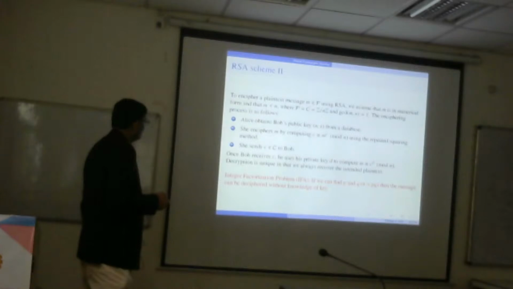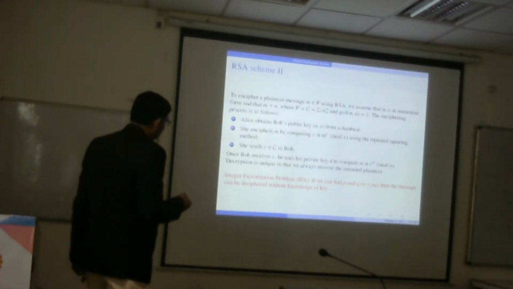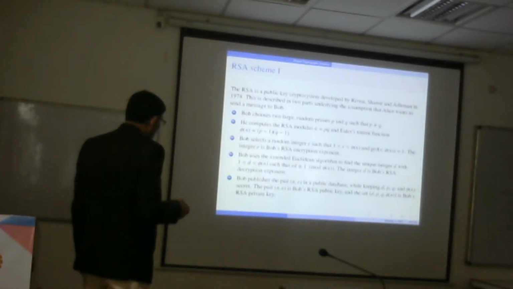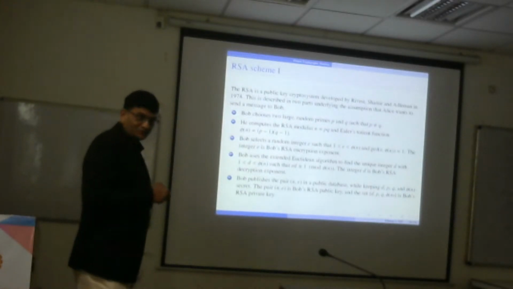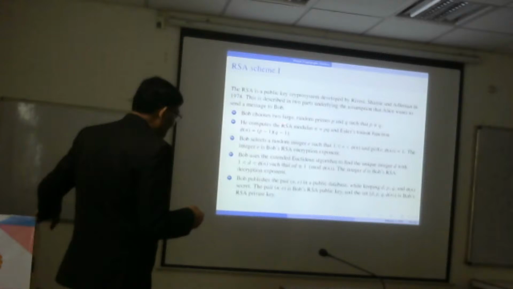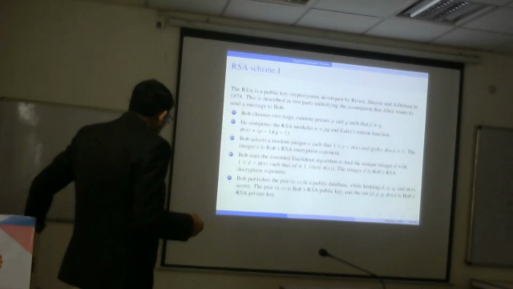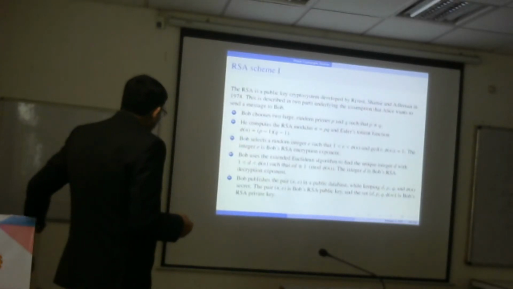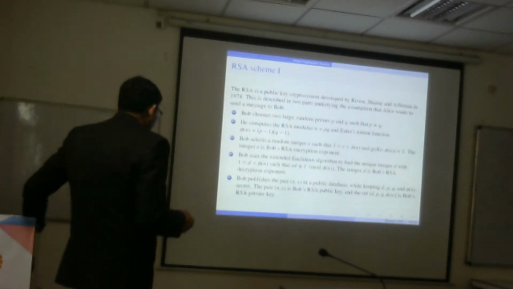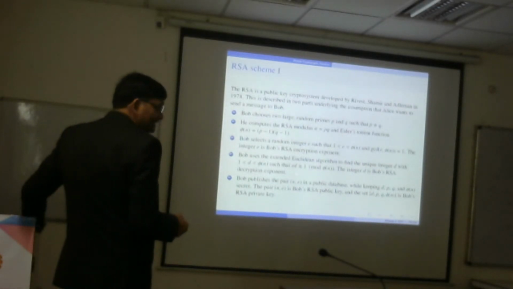So how will we compute it? Because if you know p and q, then what is phi(n)? Phi(n) is nothing but (p minus 1) times (q minus 1). So if you know p and q, we can compute phi(n). And once you know phi(n), then the public key in case of RSA is e, and the decryption key is d.